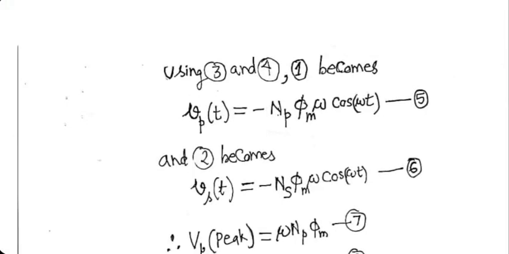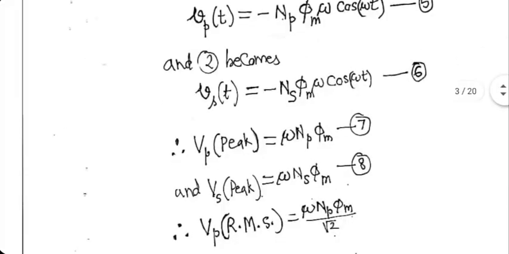in the cosine function. So the peak value of the primary winding's EMF will be Np phi m multiplied by omega. And the peak value of the secondary EMF will be Ns multiplied by phi m multiplied by omega. RMS value will be obviously peak value divided by square root of 2.